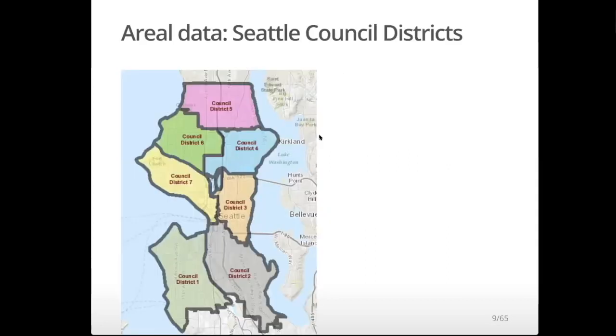If we look at the city of Seattle and we wanted to develop a model of some attribute of health outcomes, for example, and we wanted to use the Seattle Council boundaries, this type of data would be areal. We'll work with a little bit of areal data, but mostly work with the point process data.